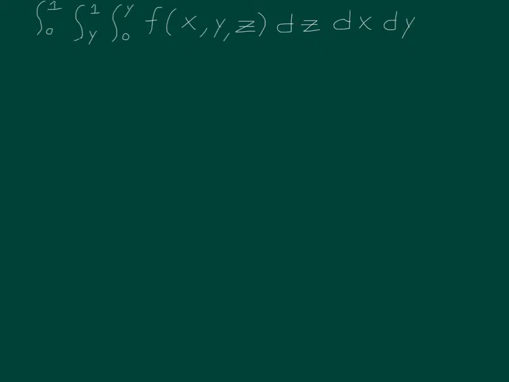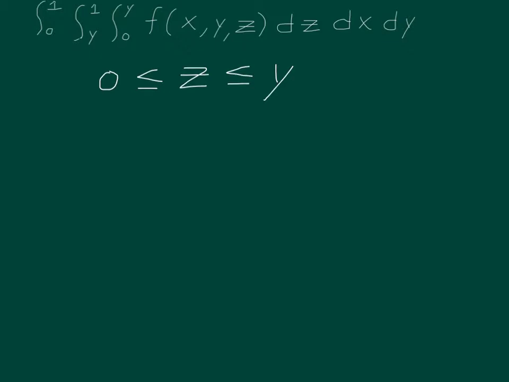And so, as we stated before, z ranges from 0 to y. So I'll say that 0 is less than or equal to z, which is less than or equal to y. And what this says is that z ranges from 0 to positive y. It is greater than or equal to 0, and it is less than or equal to y. And so we'll do much the same for the other 2 variables.